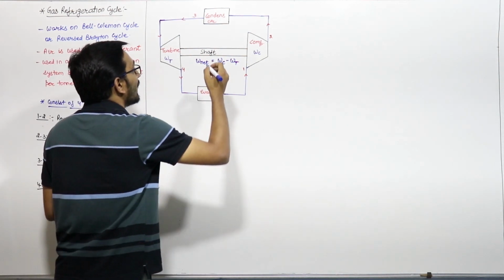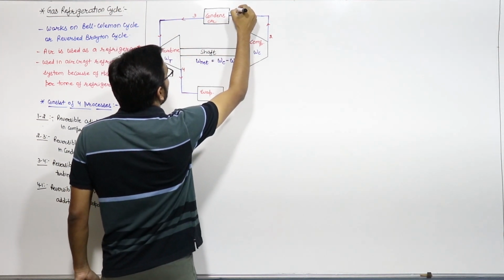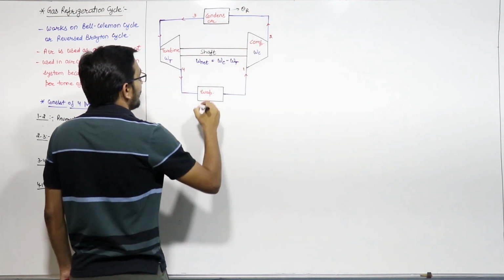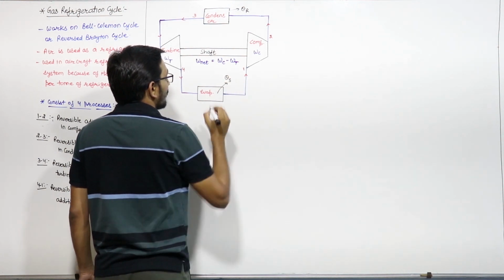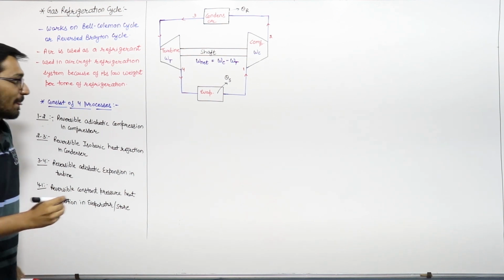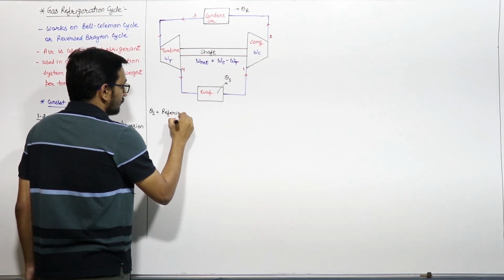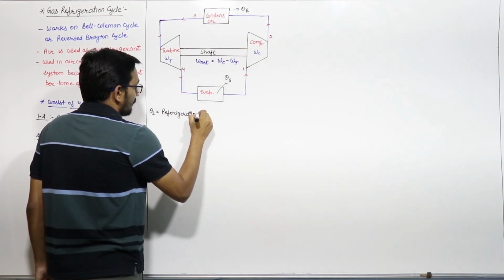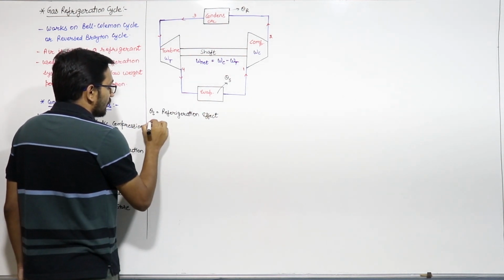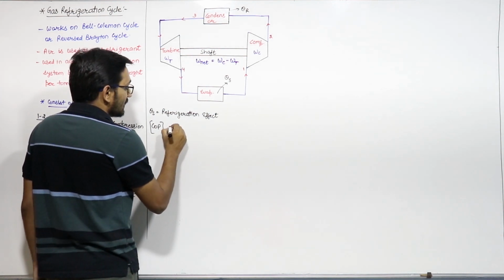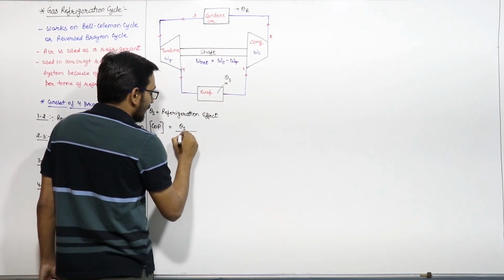Now let us say the heat rejected by this condenser to the surrounding is QR, and heat supplied by this evaporator to the system is, let us say, QS. So this QS is the refrigeration effect, and if you want to write the COP for this reversed Brayton cycle, this will be equal to the heat removed from the evaporator divided by net work.